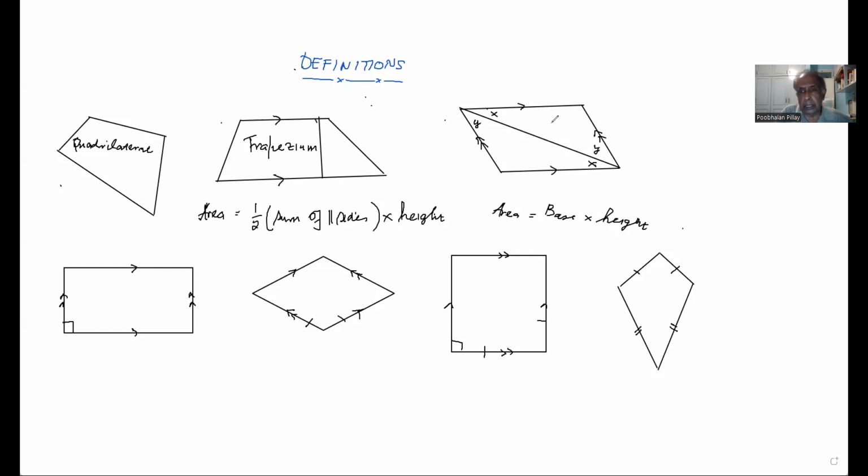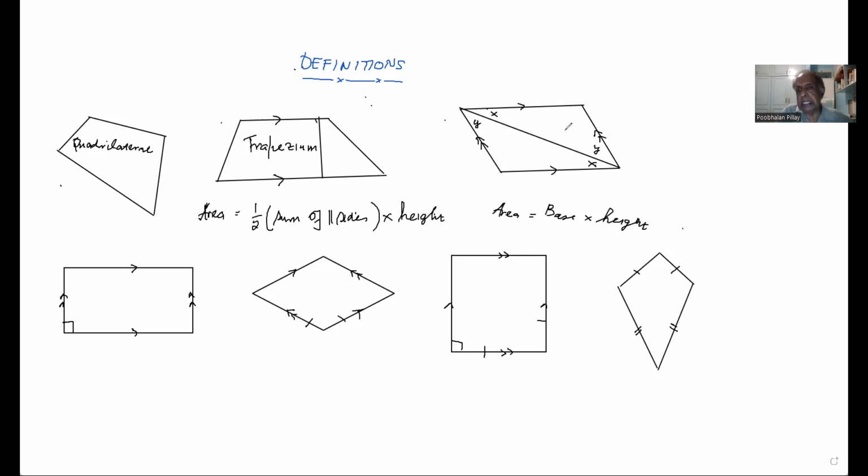Now, a diagonal breaks up a quadrilateral into two triangles. These two triangles are now congruent. You can see quickly, the side is shared between the two, it's common, and you've got two angles and a side. So these two triangles are congruent, which means they are equal in every respect.